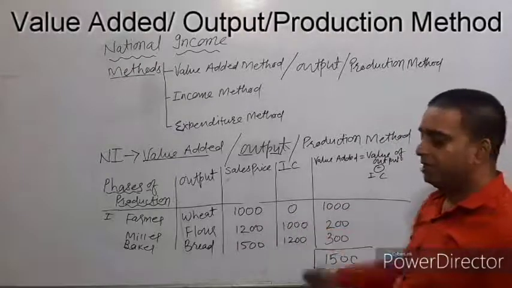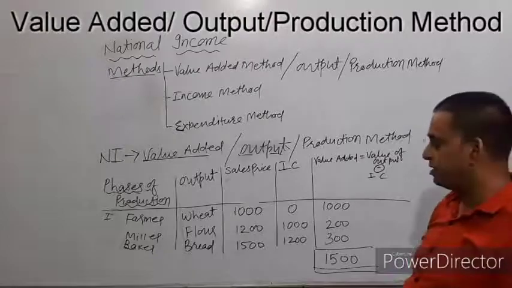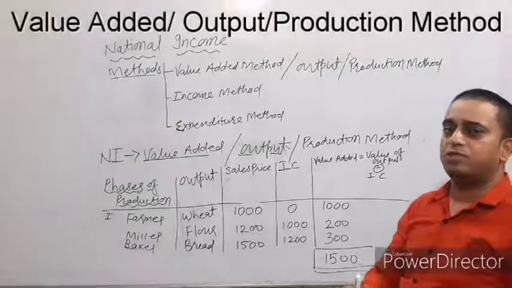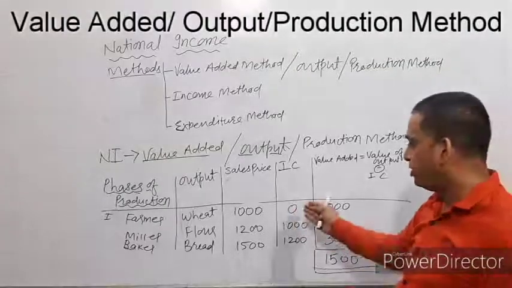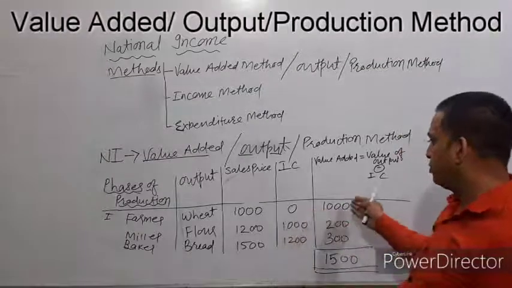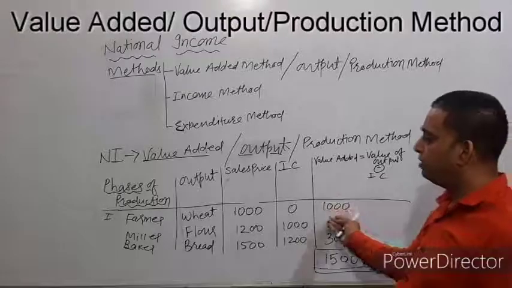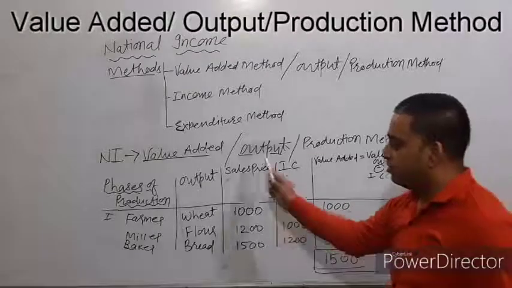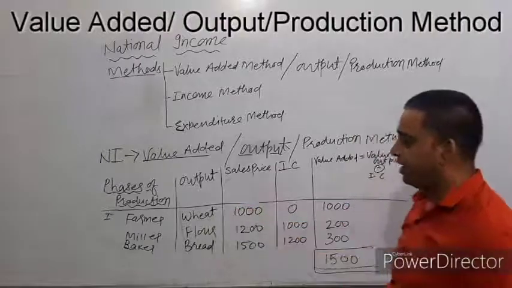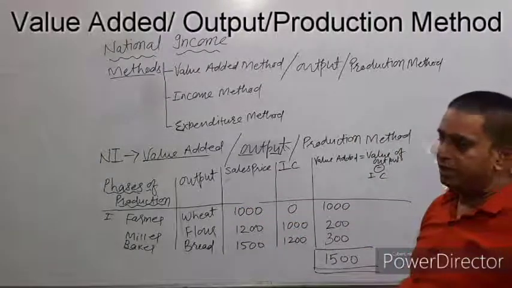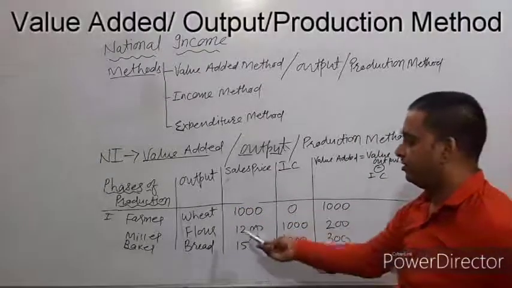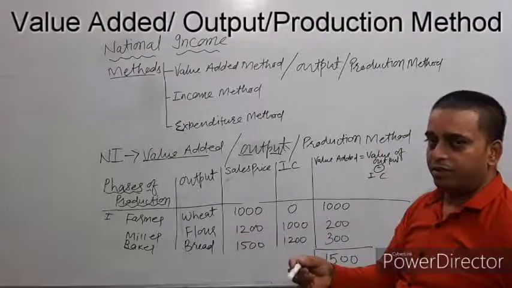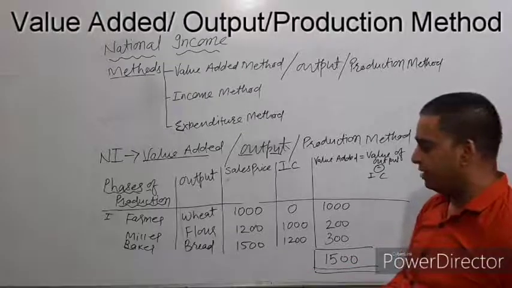But intermediate cost, or intermediate consumption, if you want to say so, in the starting there is no intermediate consumption, so here it is 0. If we want to talk about the next step, then after getting wheat, the miller converts it into flour, right?